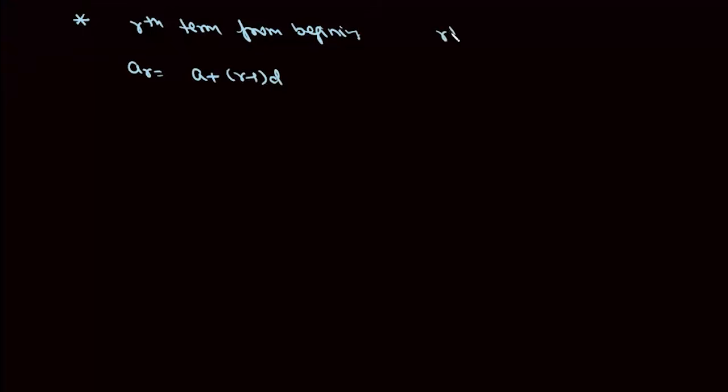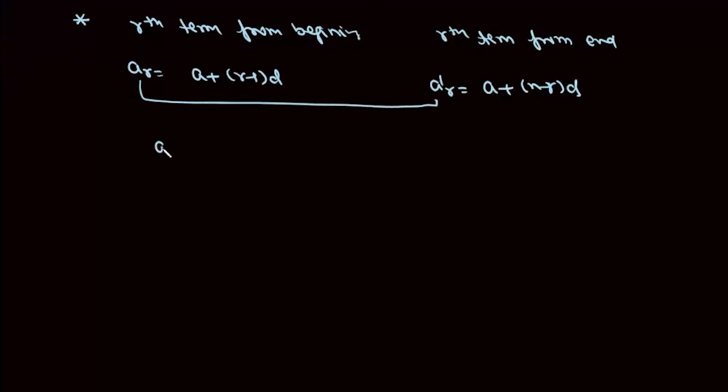And if we take the rth term from the end, suppose this is some a dash r, it is given by a plus (n minus r) into d. Now if we add them both, we can write a_r plus a dash r, it will be 2a, and this rd will cancel, leaving (n minus 1) into d, which is simply a plus l.